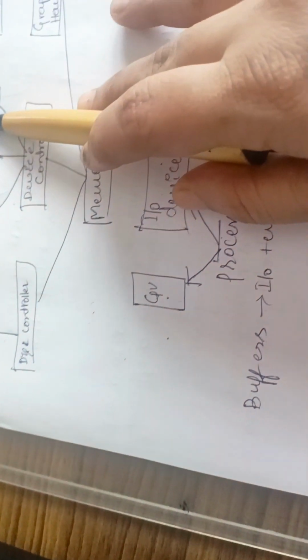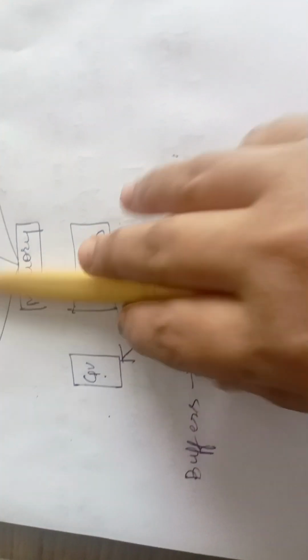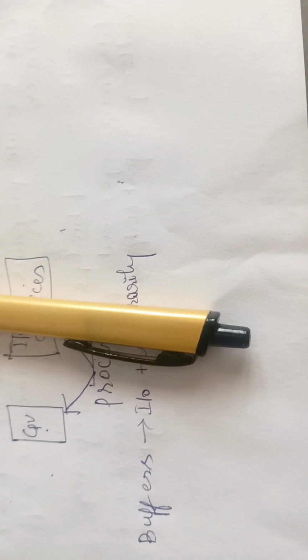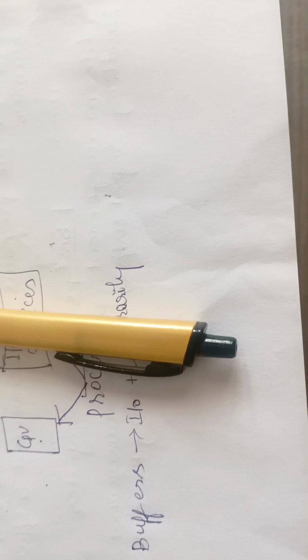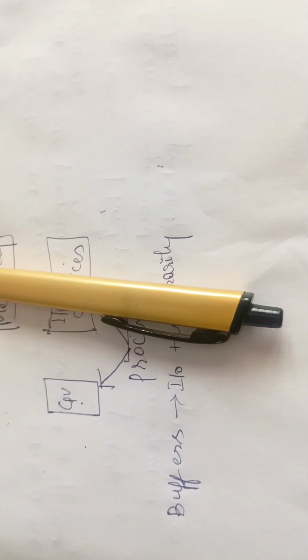So this is called the computer system organization. Now we'll go for interrupt handling. This is just basic information about interrupt handling.